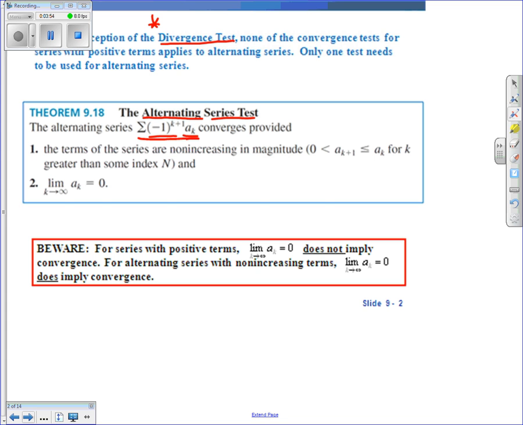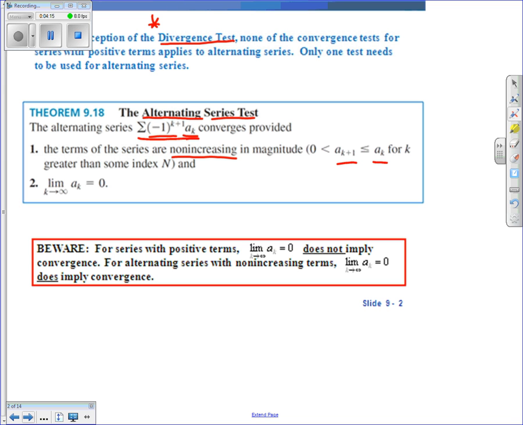Okay? For this series to converge, the terms need to be non-increasing. So if the a sub k's are getting smaller each time, then we do have that the terms would be non-increasing. It's just saying that a sub k is bigger than a sub k plus 1.